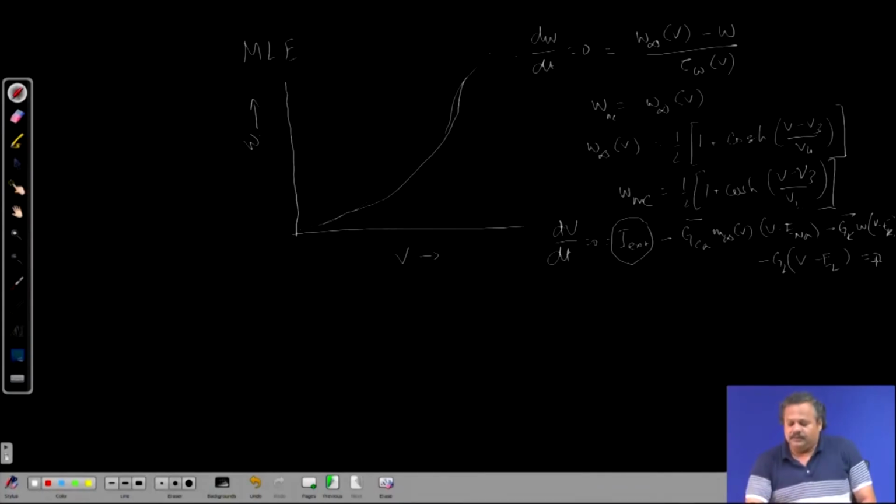This will be set to 0. Now, there is only one term with W. So, if we take it to the other side, we will again have a solution for W as a function of V.